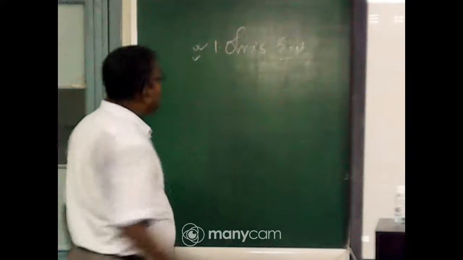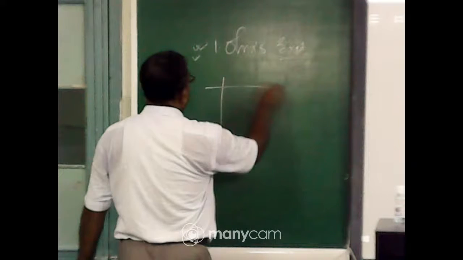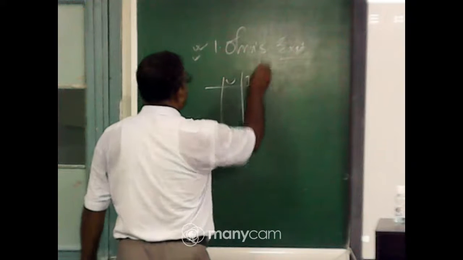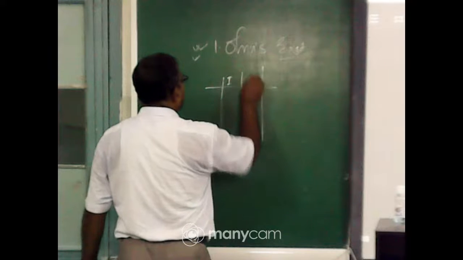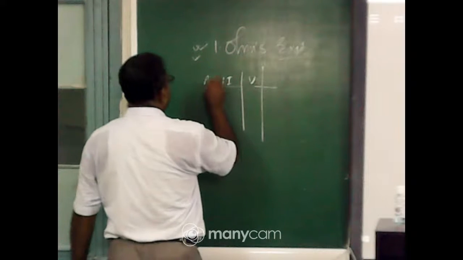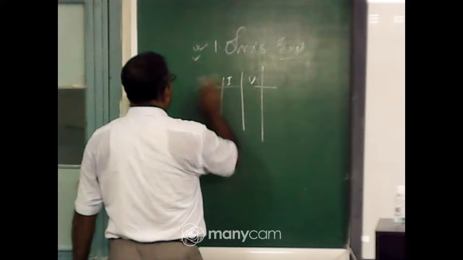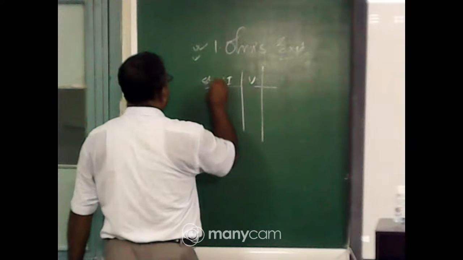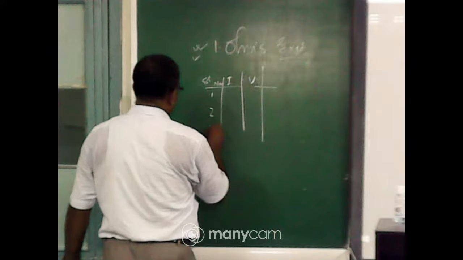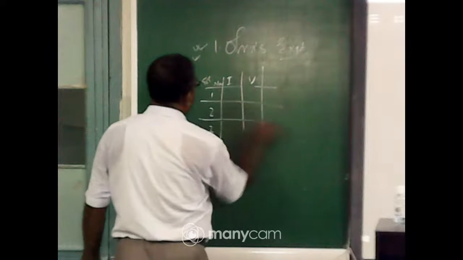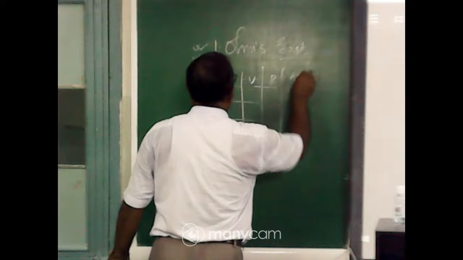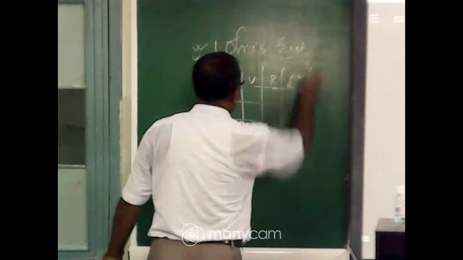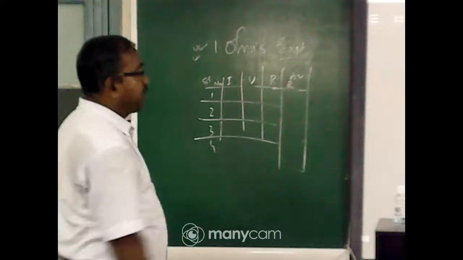If you wish, you write the observation table with serial numbers 1, 2, 3, 4, this way. And you find the value of R. So this is the observation table.